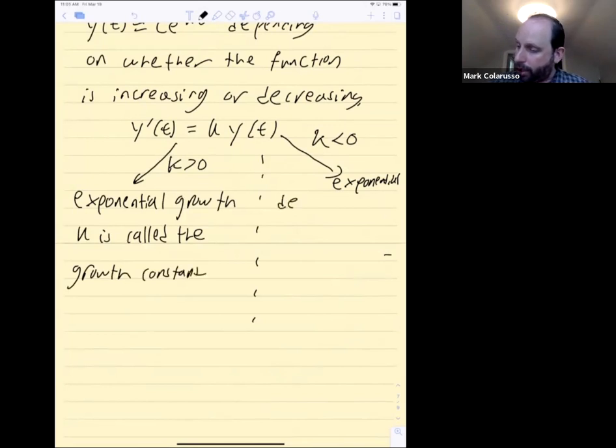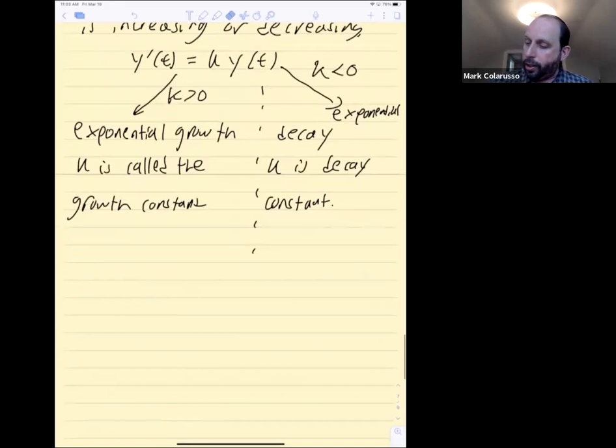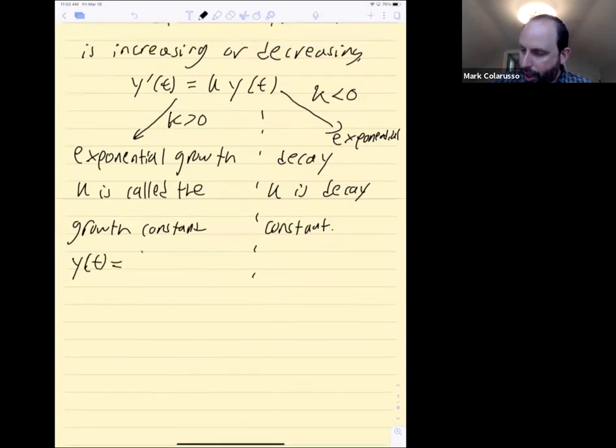And when k is negative, it is exponential decay, so k is the decay constant. And so in both cases, the quantity y is an exponential function c e to the kt.